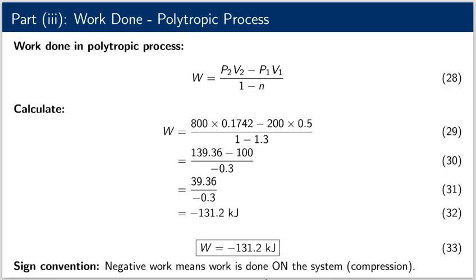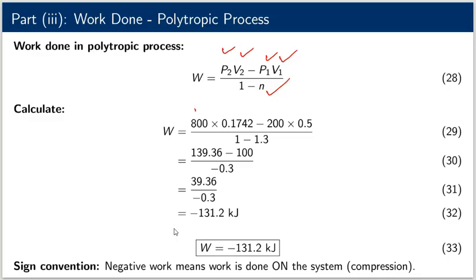Now we have to calculate the work done. How will you calculate the work done? We know the formula: W equals (P2 V2 minus P1 V1) divided by (1 minus n). So we plug all this: P2 we know, V2 we know, P1 we know, V1 we know, n we know.